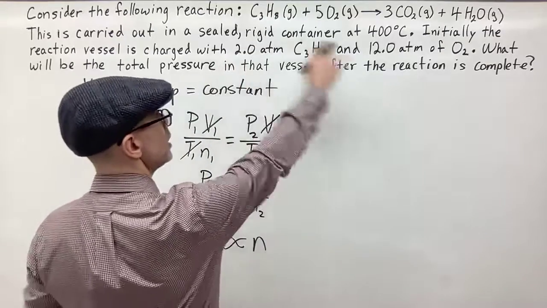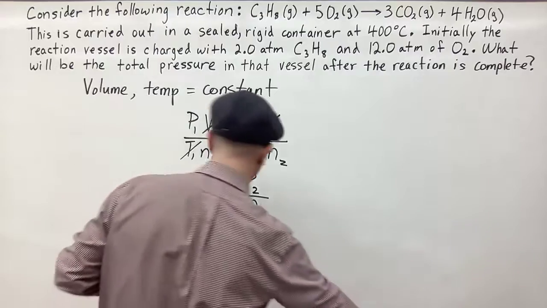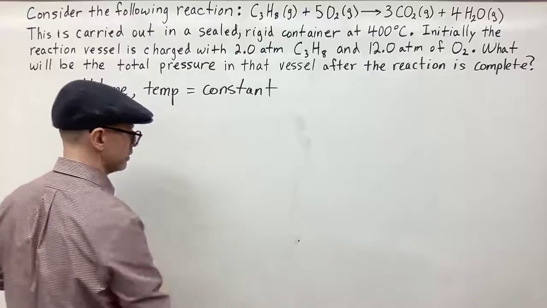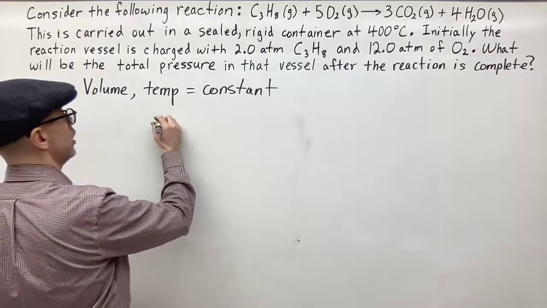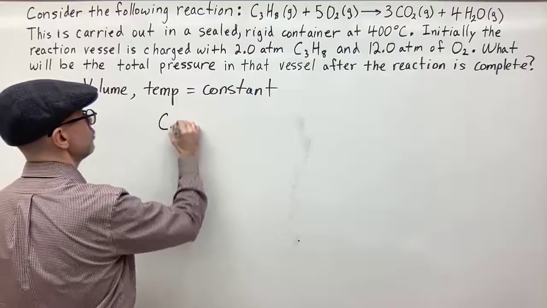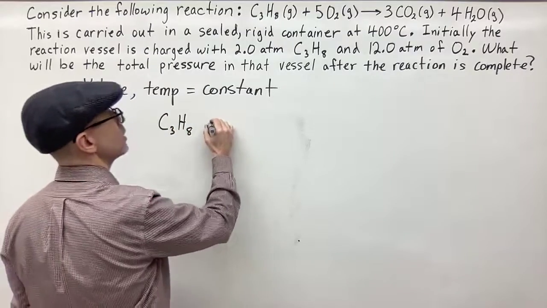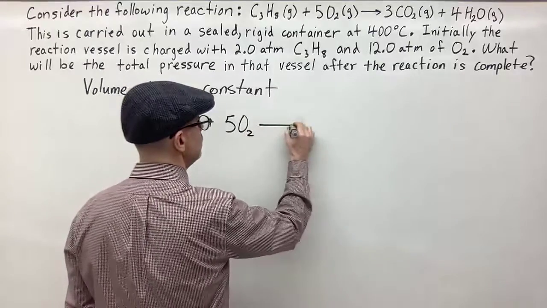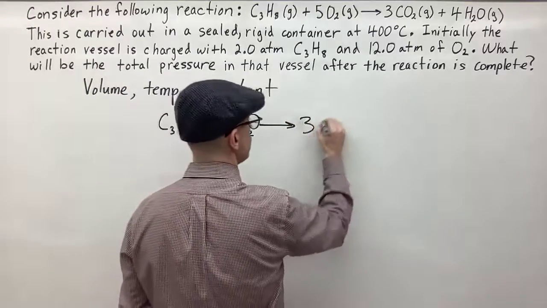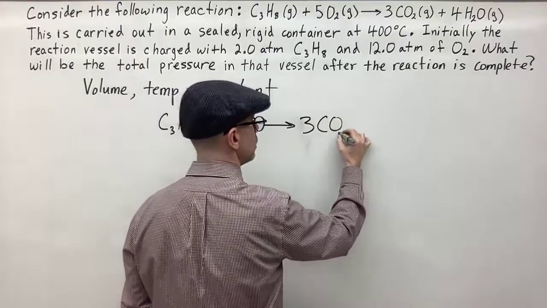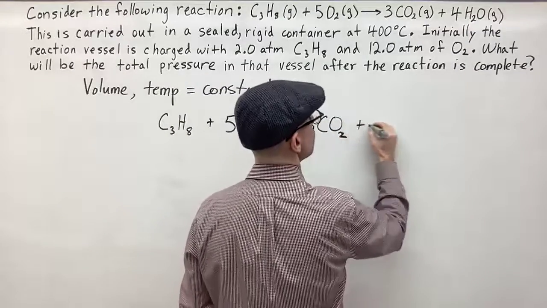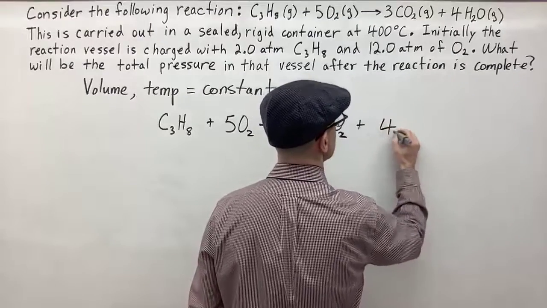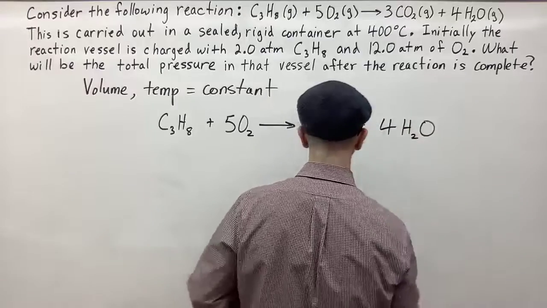So here I have the equation. I'm going to go ahead and erase this to give myself some space. And so I have C3H8 plus 5O2 is going to give me 3CO2 plus 4H2O.